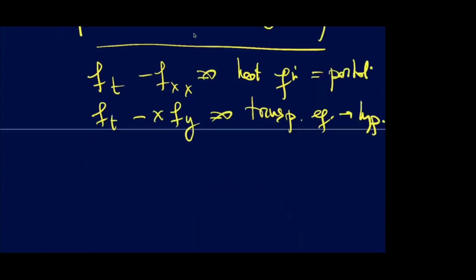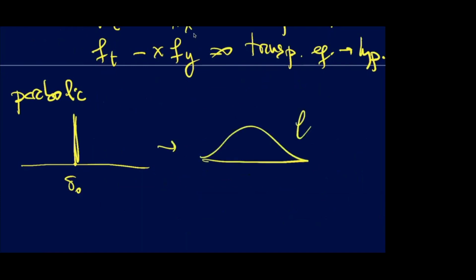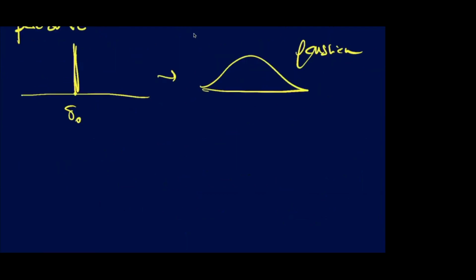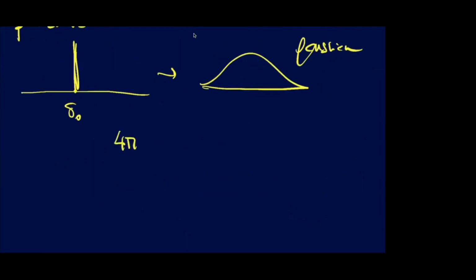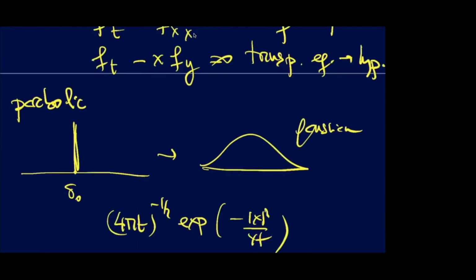Why? Because what do the parabolic equations do? The parabolic equations, they take a Dirac delta, and out of a Dirac delta, you develop a Gaussian. This is the Gauss fundamental solution of the heat equation, 4 pi t to the minus 1 over 2 times exponential of minus x squared over 4t. And this shows that the parabolic equation is extremely regularizing, is diffusing, right?